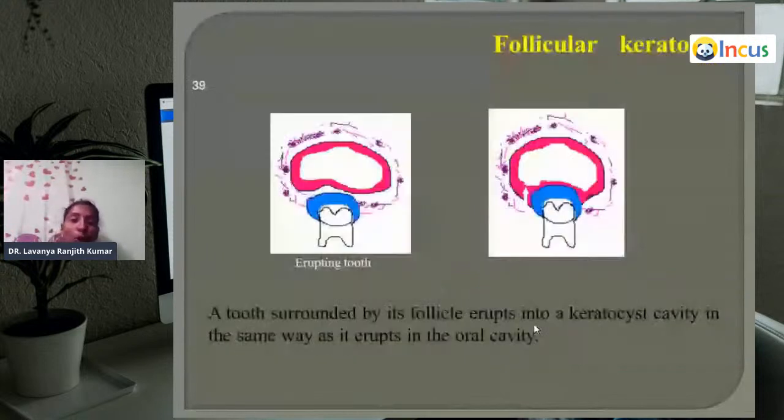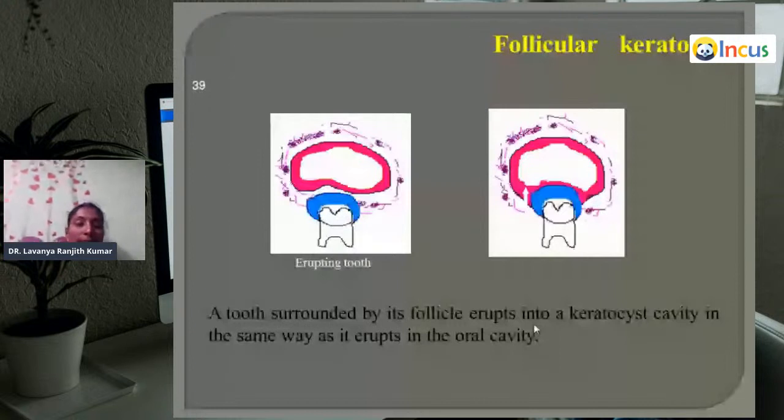So coming back to the follicular keratocyst, which is a very rare type, the tooth surrounded by its follicle erupts into the keratocystic cavity in the same way as it erupts into the oral cavity.